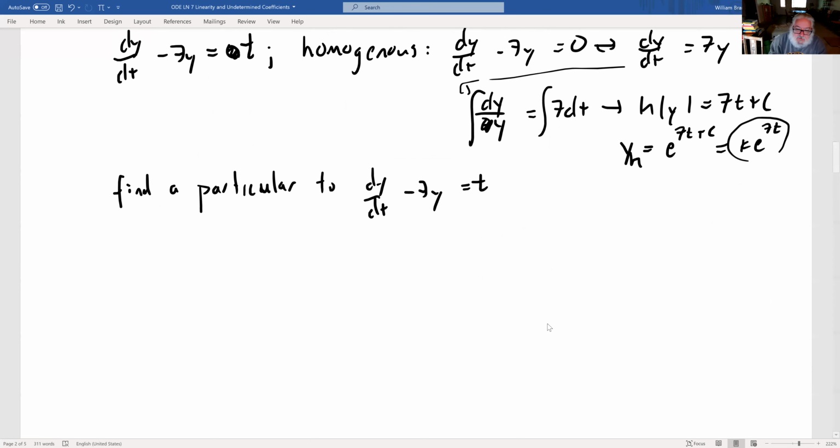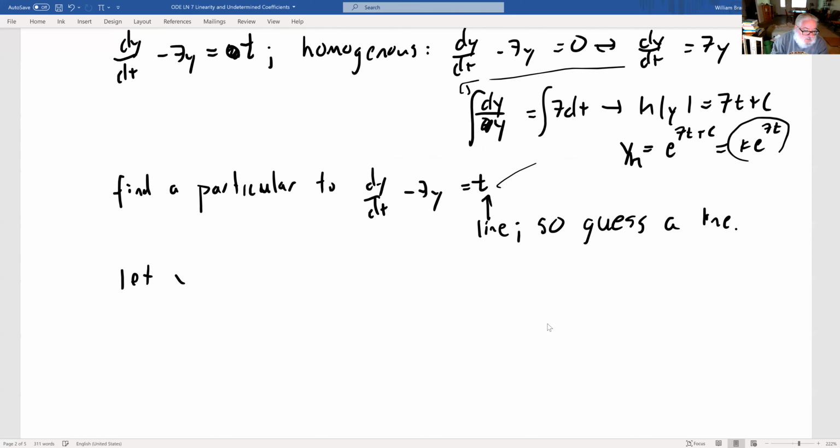So how do we go about doing that? Well, the right-hand side is a line, so we'll guess a function of the same type. That's y sub p, for particular solution, equals mt plus b. That's the classic equation of a line.